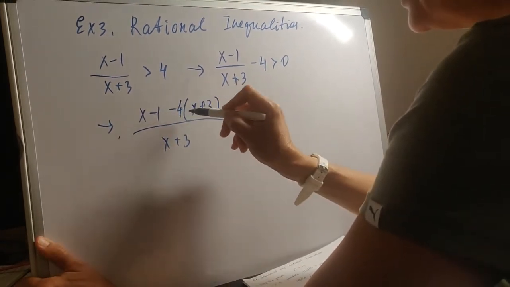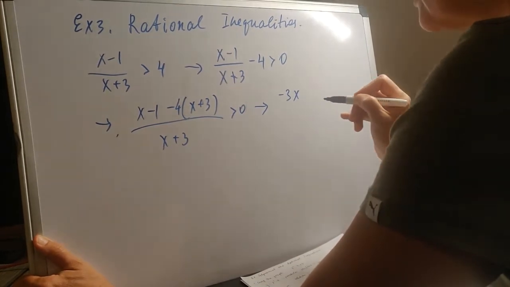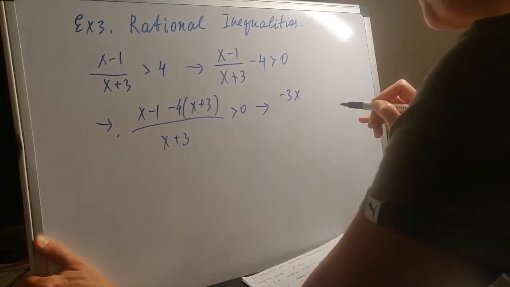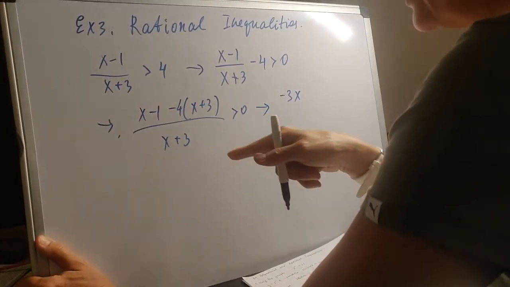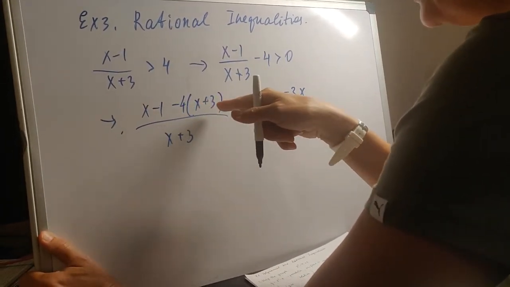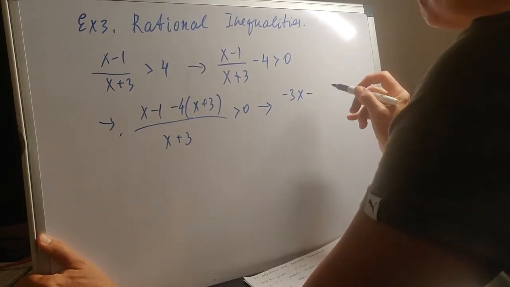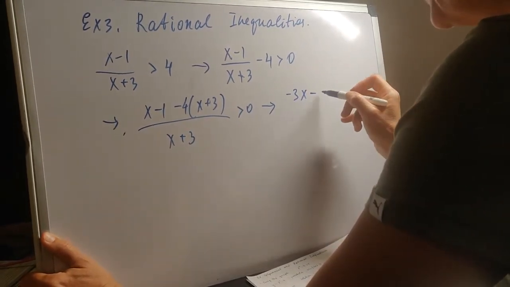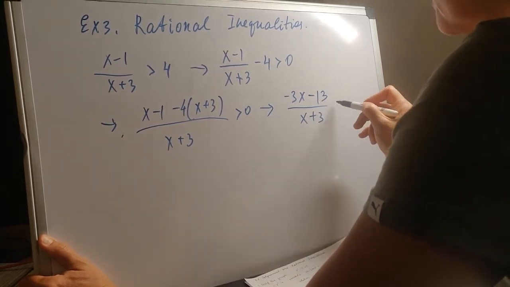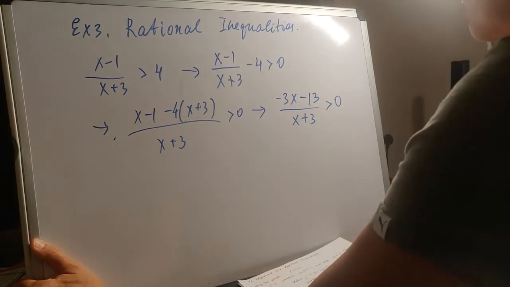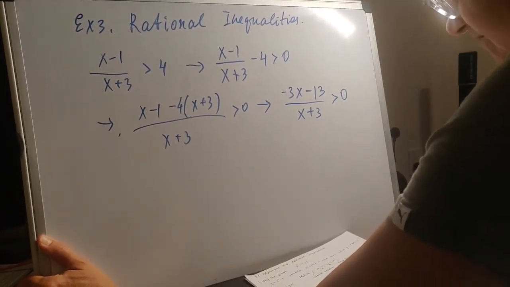So x minus 4x is going to give me minus 3x. Minus 1 minus 12 is going to give me minus 13, I think. And the denominator is x plus 3, greater than 0. Okay, so what are the solutions?